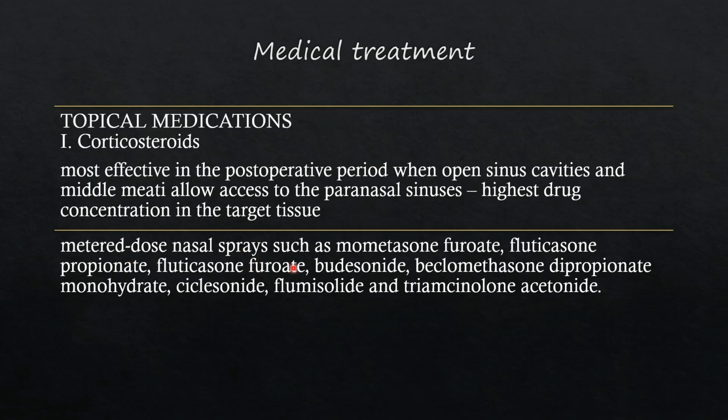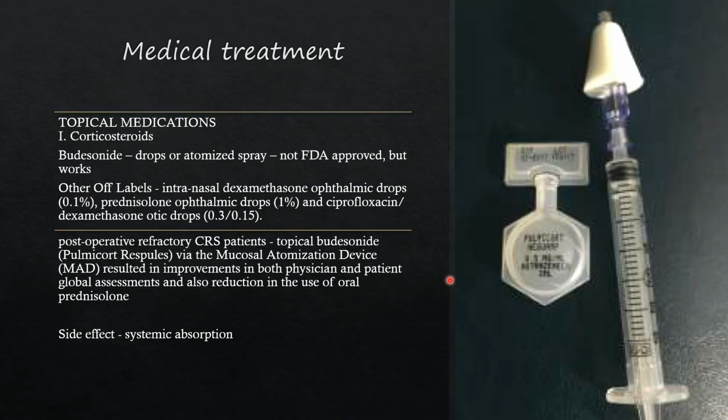This is something that the author is using in their area. This is budesonide nasal drops. What they do is they take this Pulmicort, budesonide, and they fill it inside this syringe, and this is an atomizer. This is called MAD, mucosal atomization device, and then they put it inside their nose and spray it.